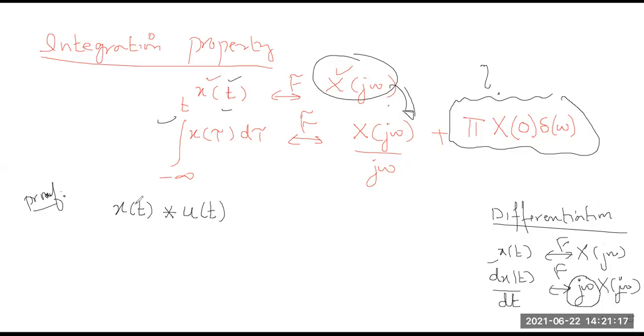I'm going to prove that this operation is actually this. So there is no difference whether you represent integration by this thing or whether you say that x of t is convolved with u of t. It is one and the same thing.